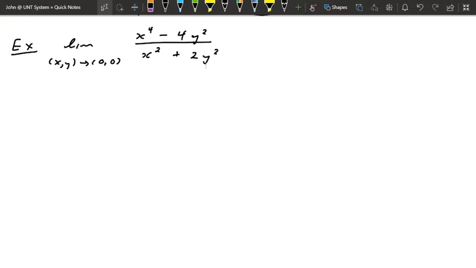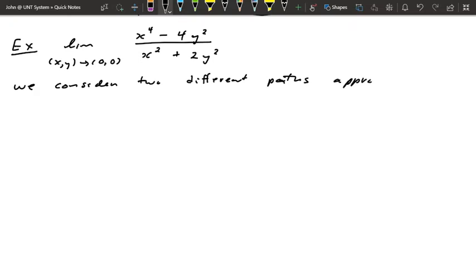This one's going to be kind of straightforward. We're just going to consider the two axes, the x-axis and the y-axis. So we're going to consider two different paths of approaching our point, 0, 0.